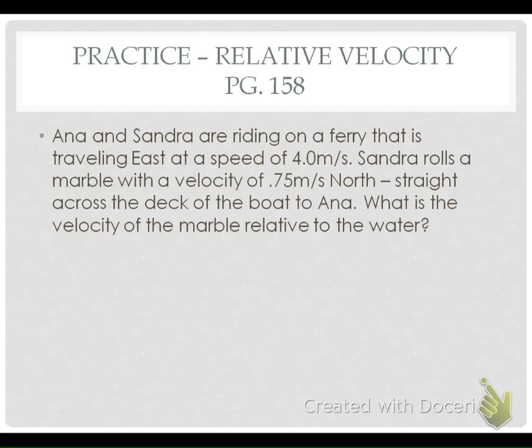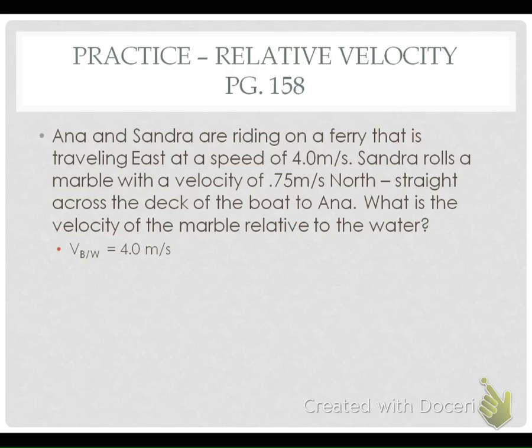They're traveling east at a speed of 4 meters per second. She rolls a marble with a velocity of 0.75 meters per second north, straight across the deck of the boat. What's the velocity of the marble relative to the water? So here we're going to say that it goes east.